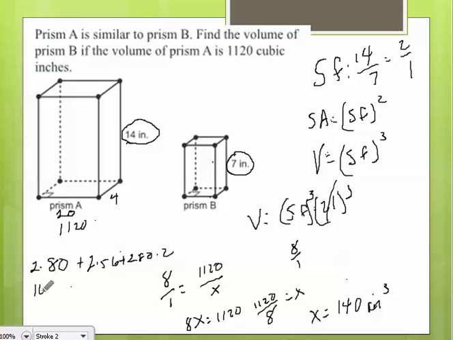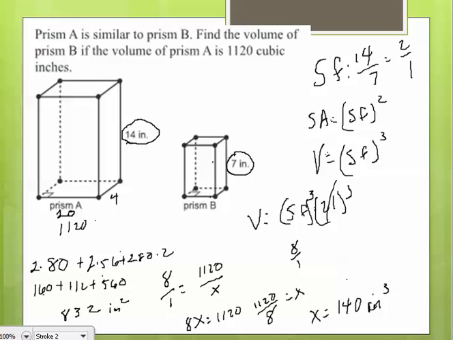I've got 160 plus 112 plus 560. And adding that all up, I get 832 inches squared.